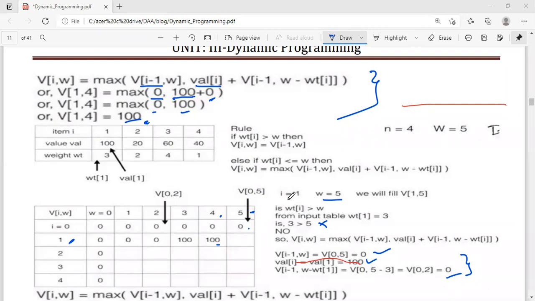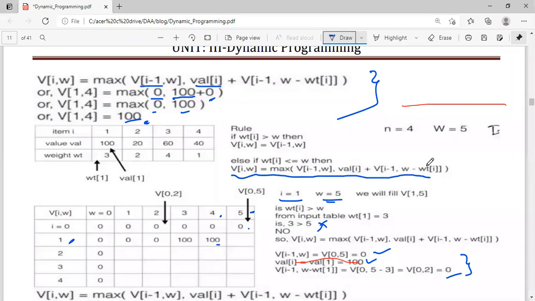Now the next is 1 comma 5, meaning item 1 and the weight is 5. Here from the input table, WT of 1 is equal to 3. Is 3 greater than 5? No, it is false. When it is false, again we need to do this operation.